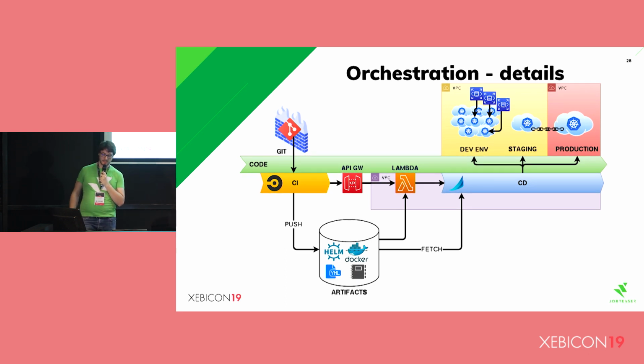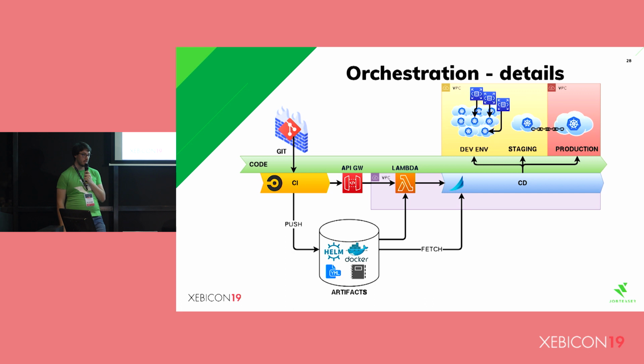Based on rules, for example, you are in the master branch or you flag that you want a developer environment, we trigger Spinnaker. Spinnaker is our deployment tool, and to trigger it, because Spinnaker runs inside our AWS infrastructure and does not provide authentication on its APIs, we had to build our small API authentication layer, and we did that with API Gateway and a Lambda.